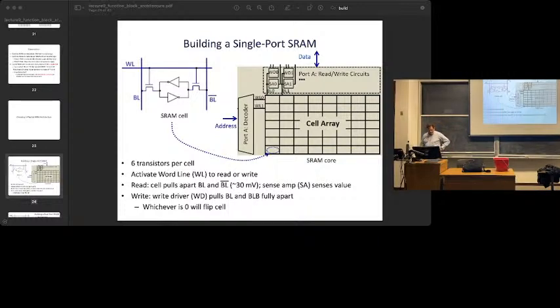And what that does is, with that smaller voltage difference, let's say I have a 0 here and a 1 here again, I won't flip the cell. So you have to carefully design these transistor ratios so that when you have not a 0 on one side, but just VDD over 2 on both sides, you don't upset the cell.